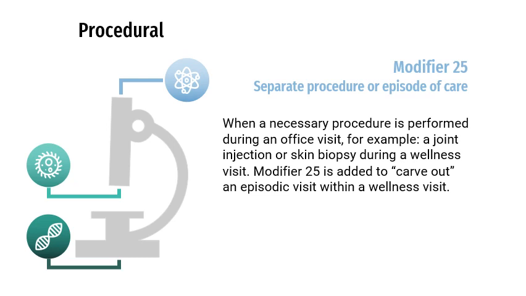So just in your documentation, make sure it is clear and you add that code for the procedure so that the modifier 25 can be added to separate out that procedure from the visit itself.